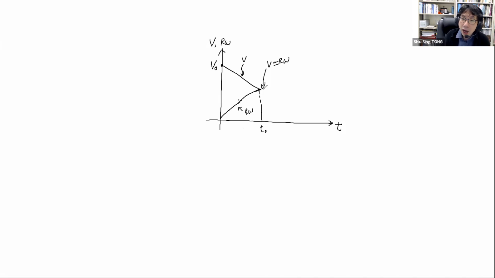And so after the frictional force vanishes, both the velocity and the angular velocity will not change. And V will be equal to R omega theoretically forever.